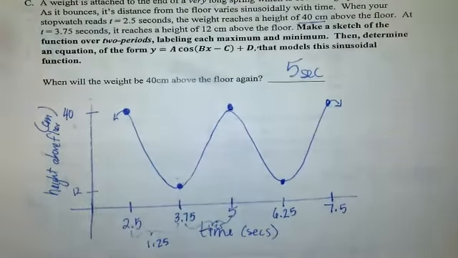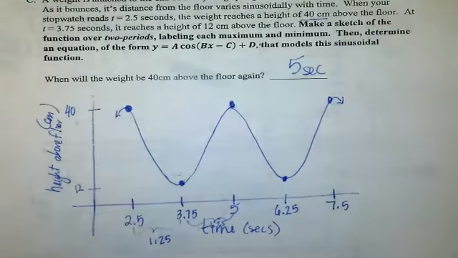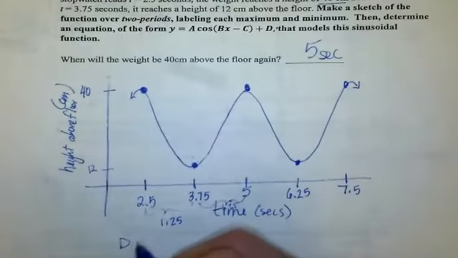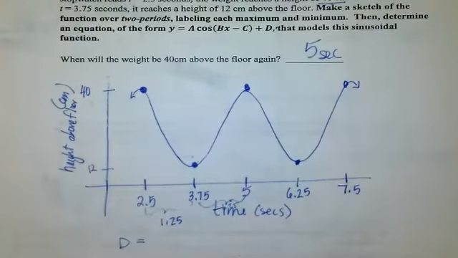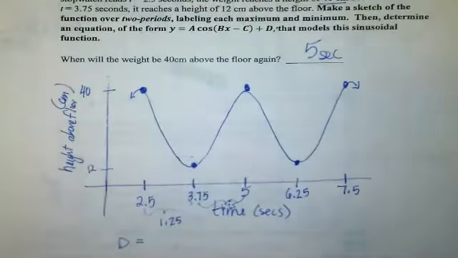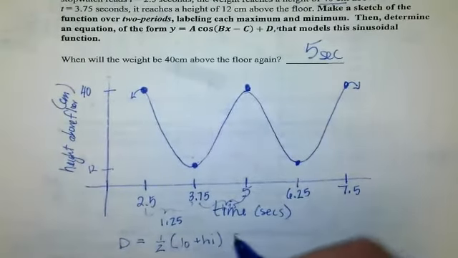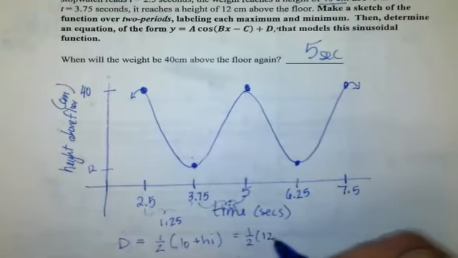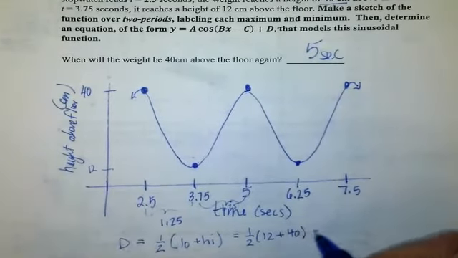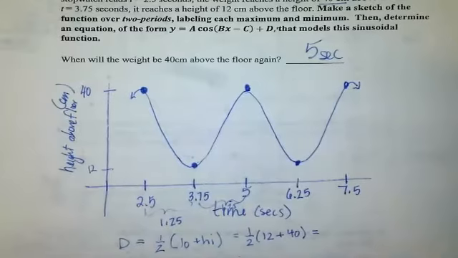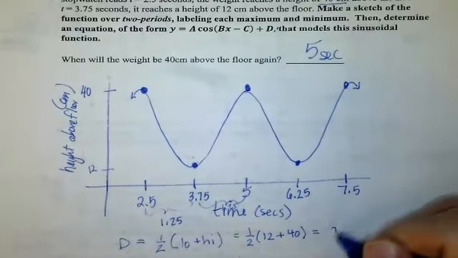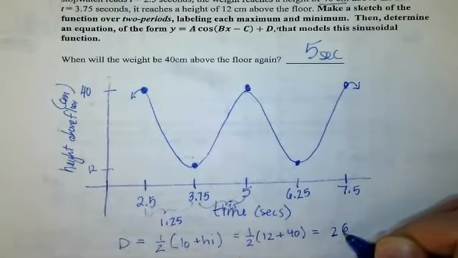All right, so this is a great picture, and now we want to write the model. The first thing we're going to do is figure out D. How do we find D, the vertical shift? Half of low plus high. Very good. Our lowest value is 12, and our highest value is 40. So half of that would be 26.